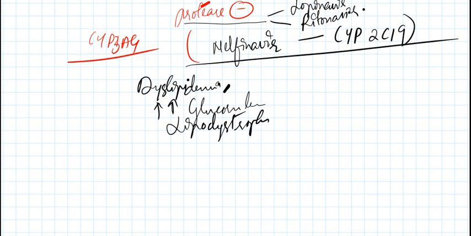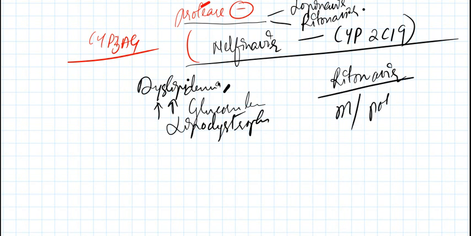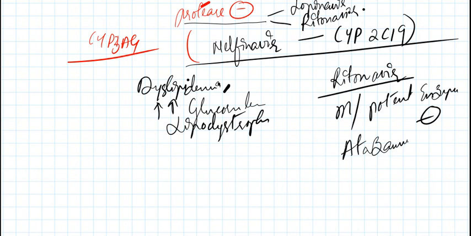Now we should discuss some important points about ritonavir. Ritonavir is the most potent enzyme inhibitor. And if you talk about atazanavir, which is also a protease inhibitor, atazanavir is the drug which does not cause dyslipidemia.